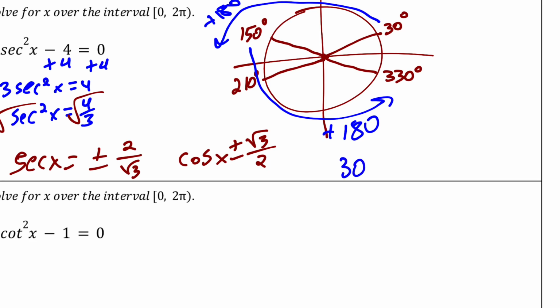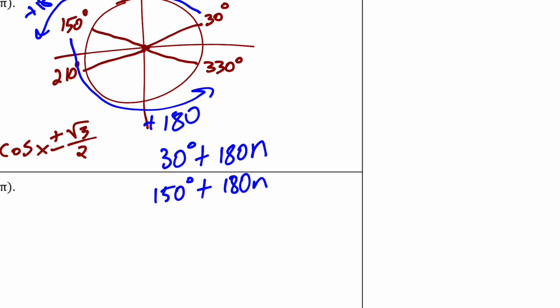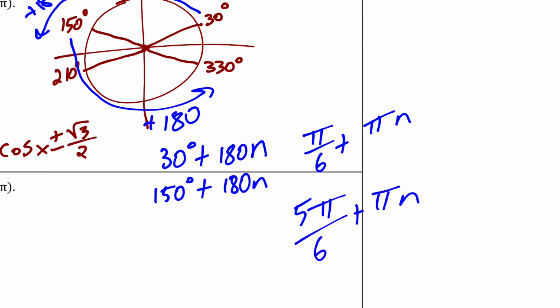You could write it as 30 degrees plus 180n, and then 150 degrees plus 180n. If you wrote the same thing in radians instead, it would end up being pi over 6 plus pi n, or 5 pi over 6 plus pi n.